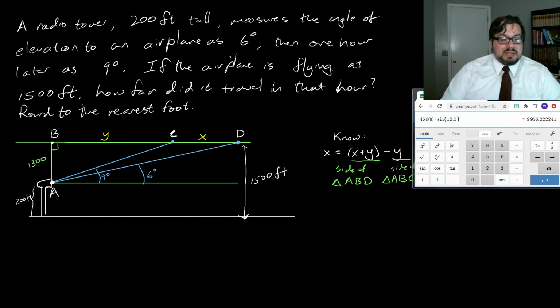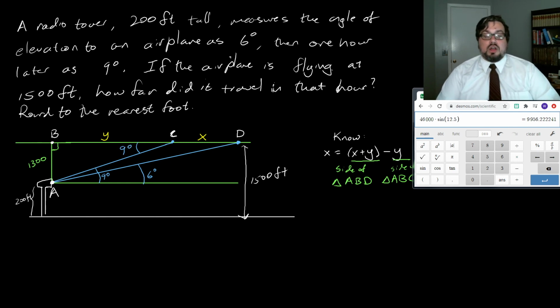Now, when you're looking at parallel lines, the 9-degree angle at A and the angle ACB are special. They are called alternate interior angles, and you may recall from geometry that alternate interior angles are congruent.